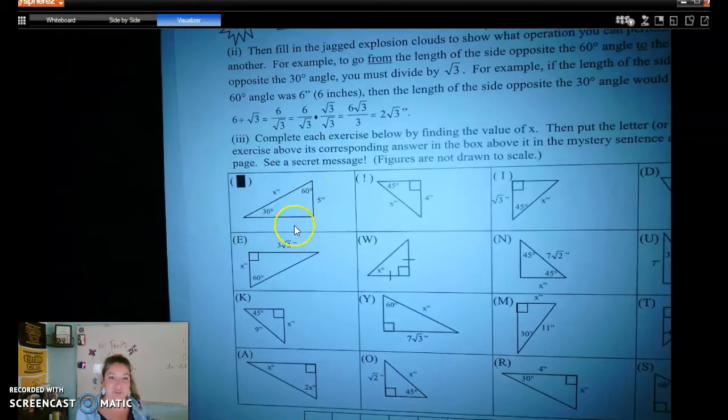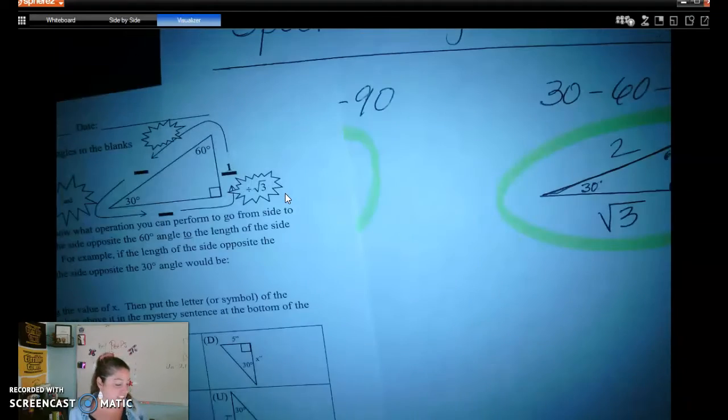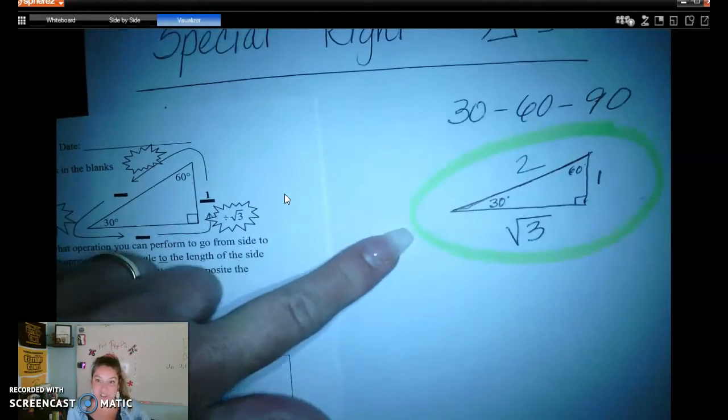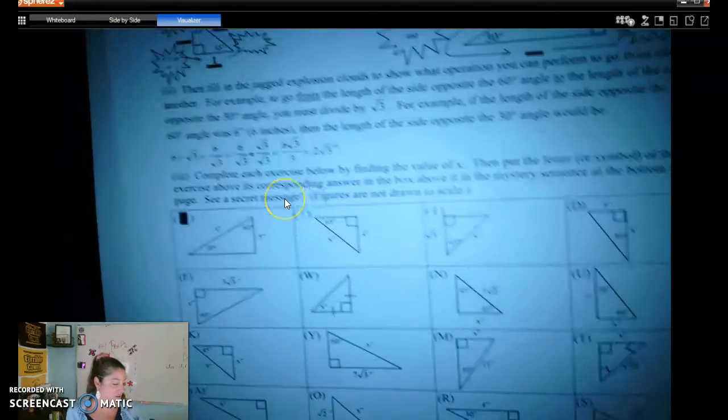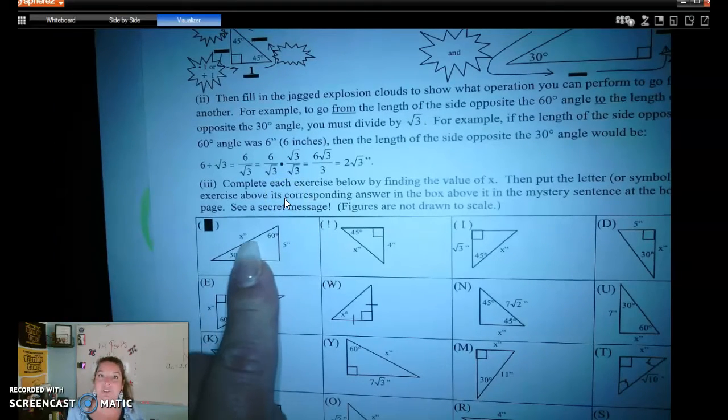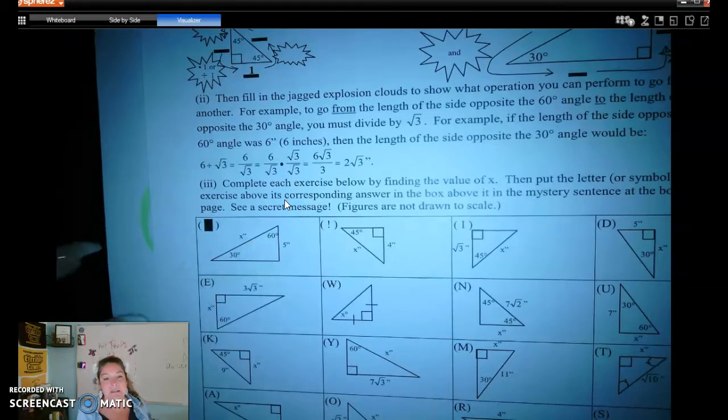So this first triangle right here, this is a 30, 60, 90 triangle. And if I know that this side is 5, I can use these relationships with the 30, 60, 90 triangle, and I can find out what the hypotenuse is, okay?